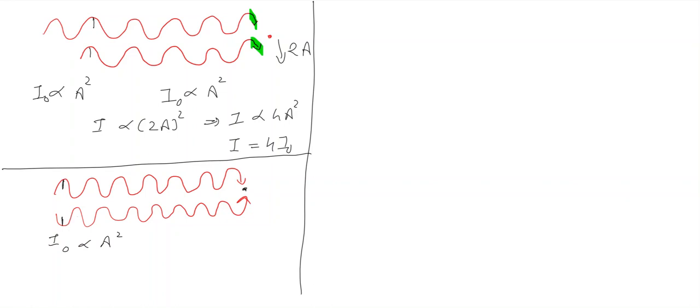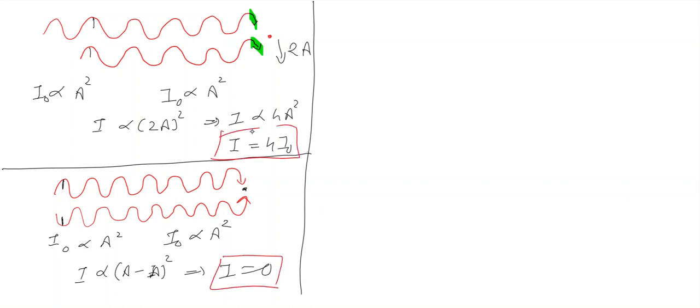The amplitude of this wave, the amplitude of this wave. And the second wave also has the same intensity I0, proportional to a square. Now the resultant intensity, if I want to find out, I'll have to subtract the two amplitudes. So a minus a. So the resultant intensity will be 0. This is destructive interference. This is constructive interference when the waves are identical. That is what we are going to discuss today.